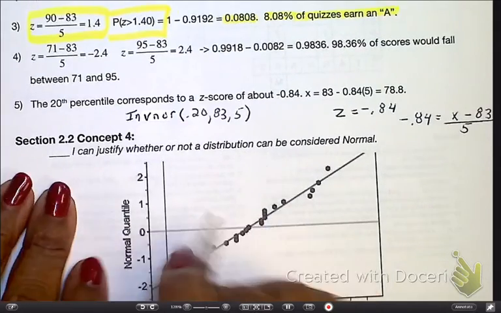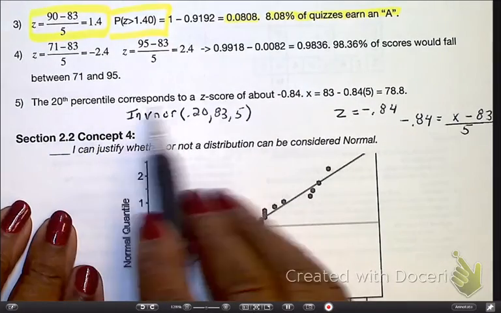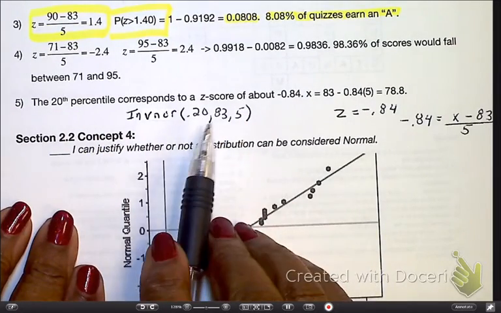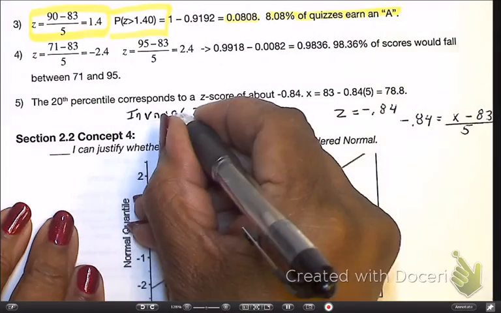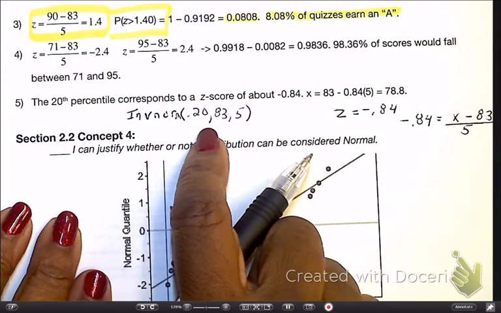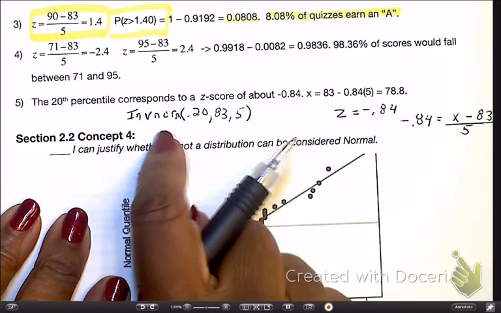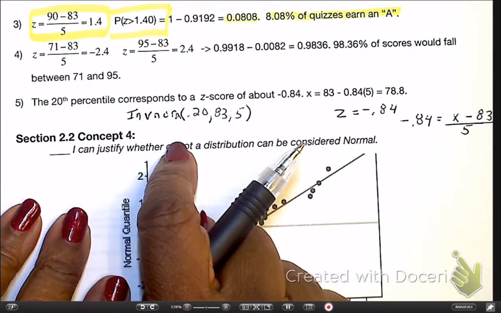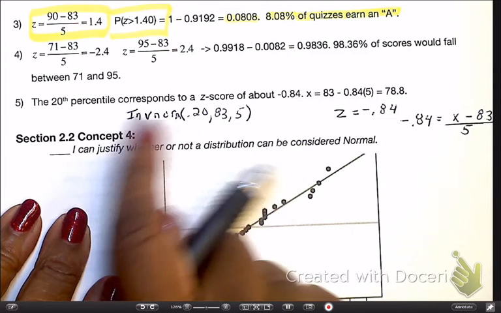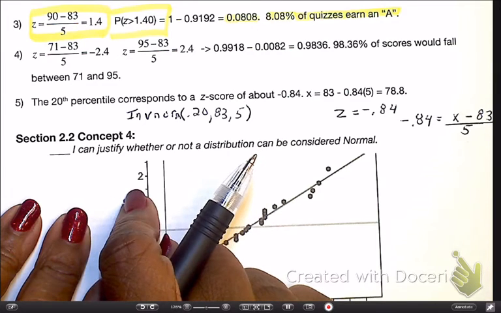Okay, now, as we look at their answer, we can do this in 2 ways. First of all, we're going to put this in the calculator, inverse norm. So one of your questions was, when do I use inverse norm versus normal CDF? Well, remember, inverse norm is when you have the percent, you're going in the inverse of finding the normal proportion because you've got it.